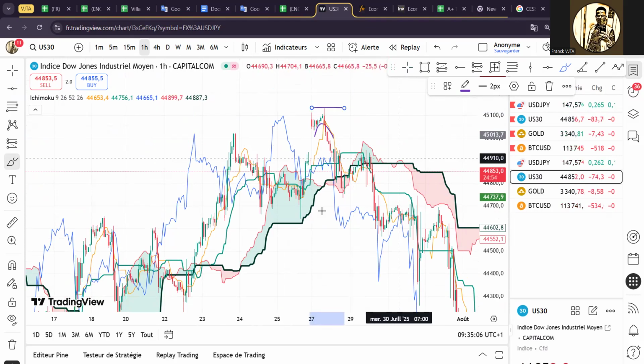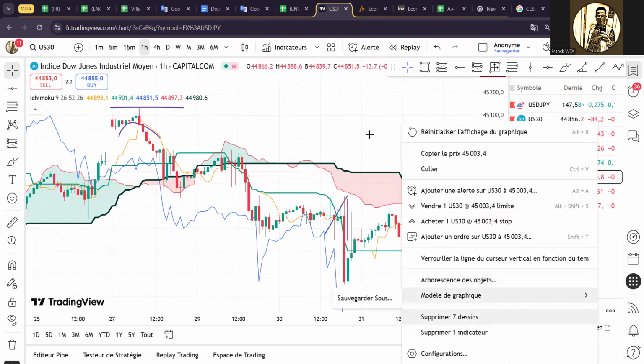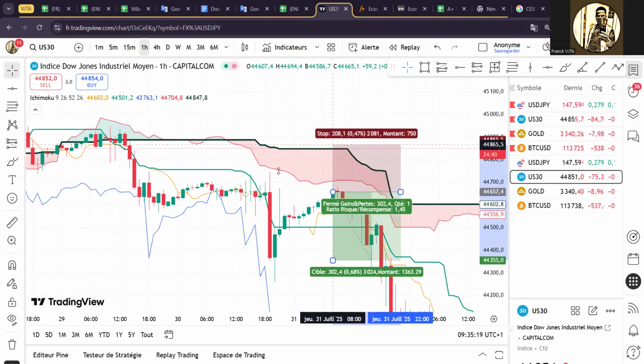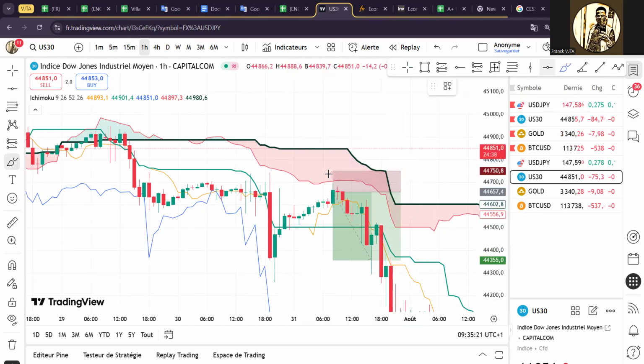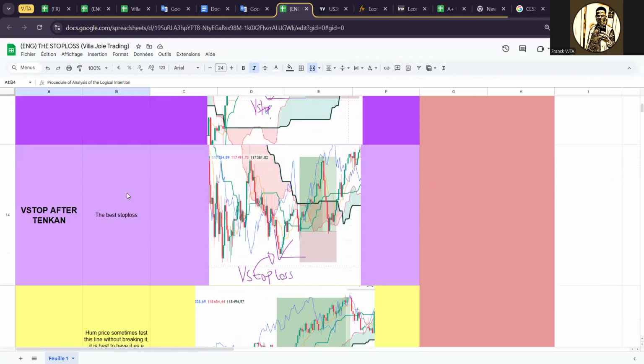And there's the V stop without any Tenkan, but it is a V stop. For example, if you sell here, this is a V stop, right? There's no Tenkan, but it's just a V stop. So that's what I say in the document. That's the best stop loss, the best of the best.